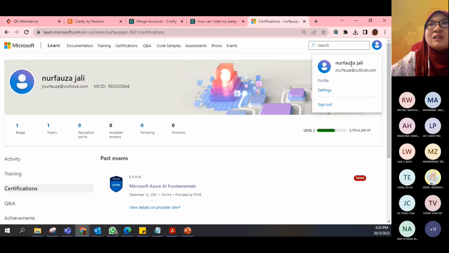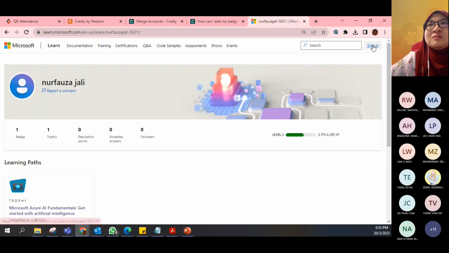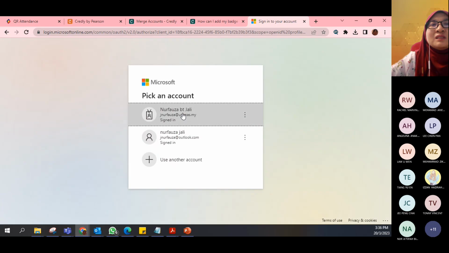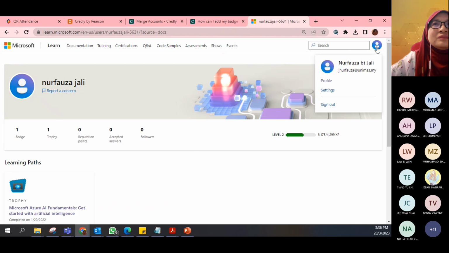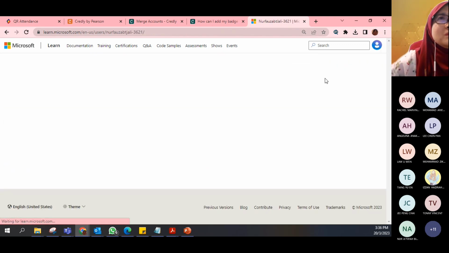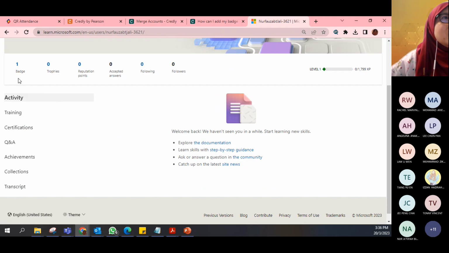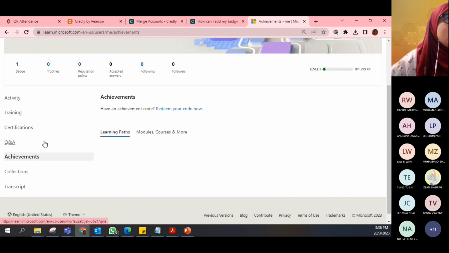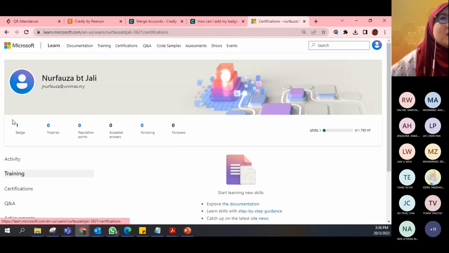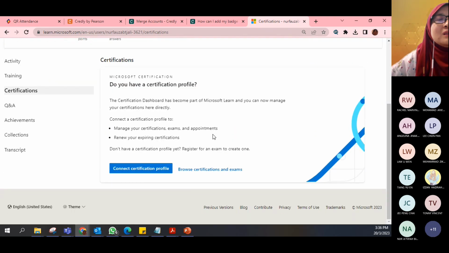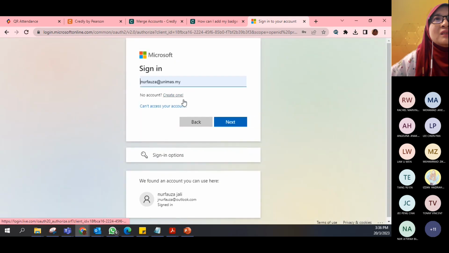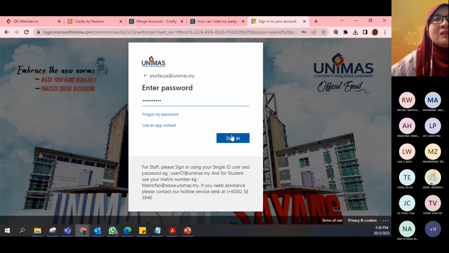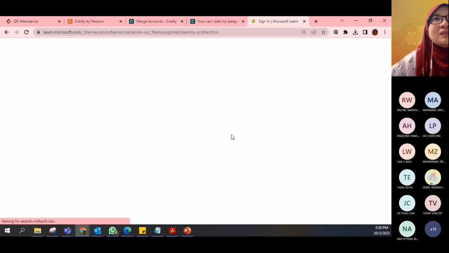So when I'm using my other account, let's see, I'm using Linux. I belum explore sangat ni sebenarnya.